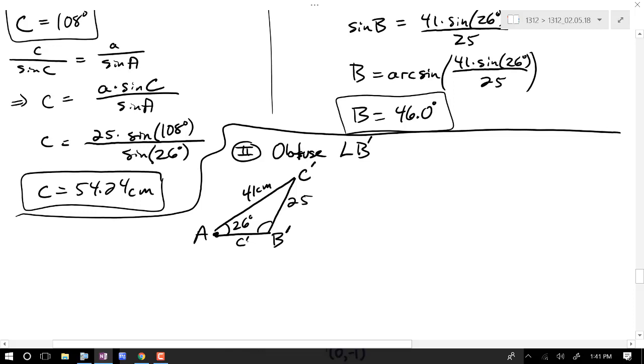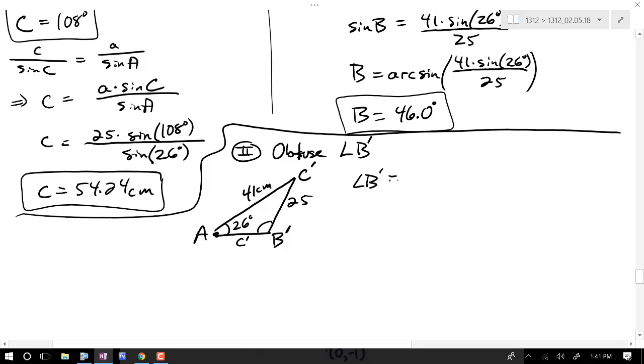Now we're going to reap the fruits of our labor in part one, because we started talking about this ambiguous case by observing that inverse sine will never give you an obtuse angle. So it begs the question, how do we get the obtuse angle here? Once we solve for the triangle where we found the acute angle, the obtuse angle is just the supplement to that angle. So we just subtract it from 180, and that's what gives us B prime.